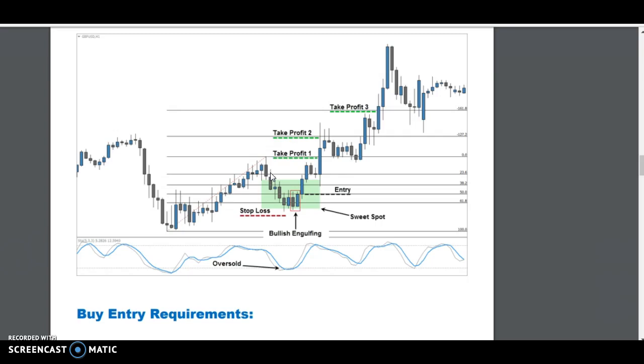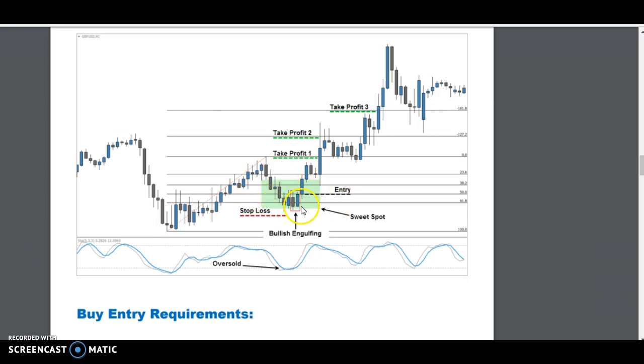Now, because we are looking for a buy setup or a bullish setup, we wait for the price to retrace into what we call our sweet spot, which is the area between 61.8 and 38.2 Fibonacci retracement.